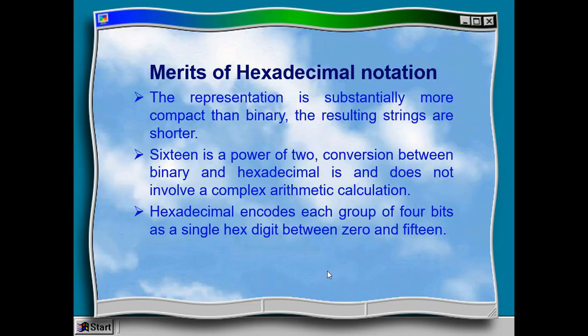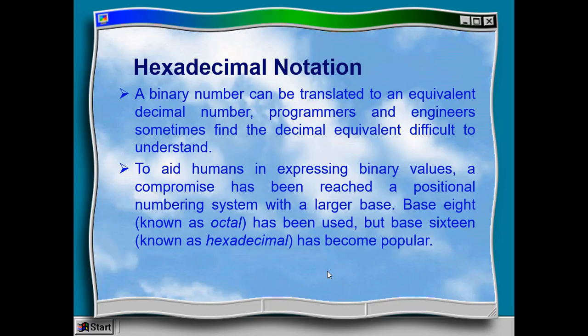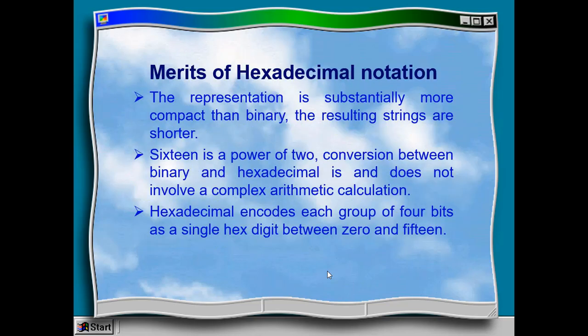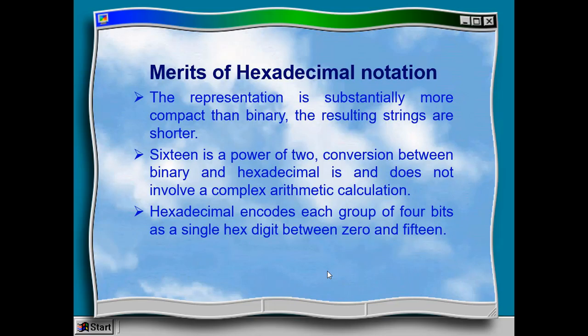So making it a bit difficult, right? So to aid the human in expressing binary values, a compromise has been reached: a positional numbering system with a larger base.